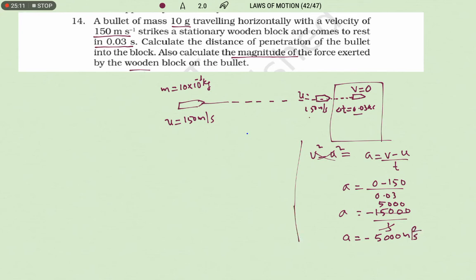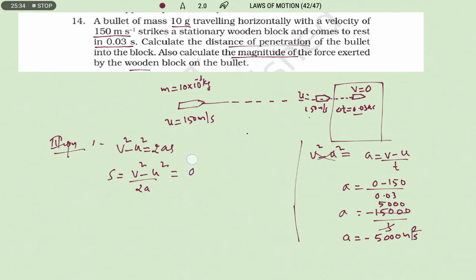Then what is the distance of penetration they are asking? For the distance of penetration of the bullet we can use the third equation of motion: v square minus u square equals 2as. So s equals v square minus u square by 2a.